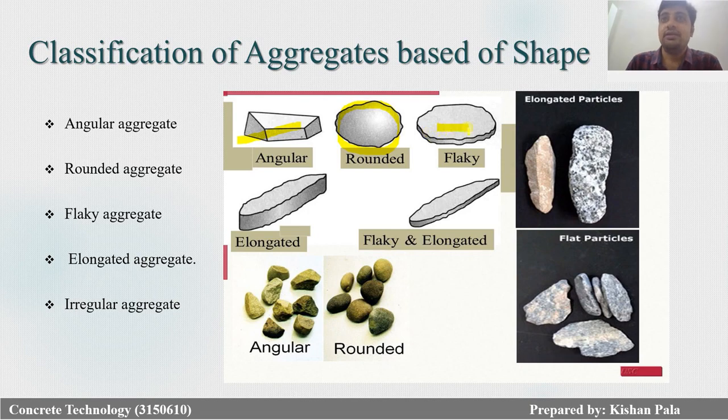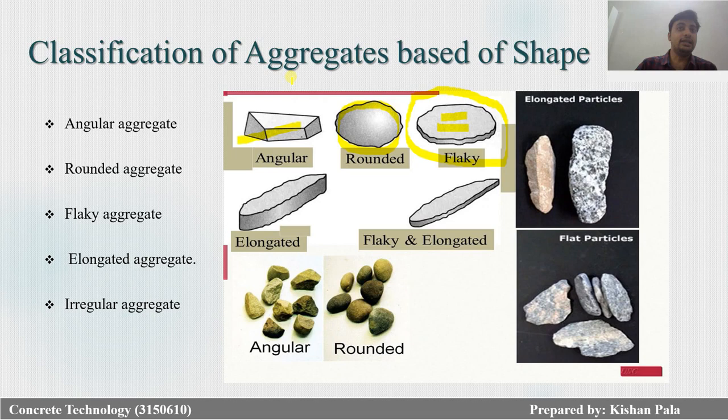Flaky aggregate. Flaky aggregate means the thickness of the aggregate is thin, and this photo shows the type of aggregate, flaky aggregate. Clear? Its thickness is less than 60 percent as compared to the mean dimension of the aggregate.